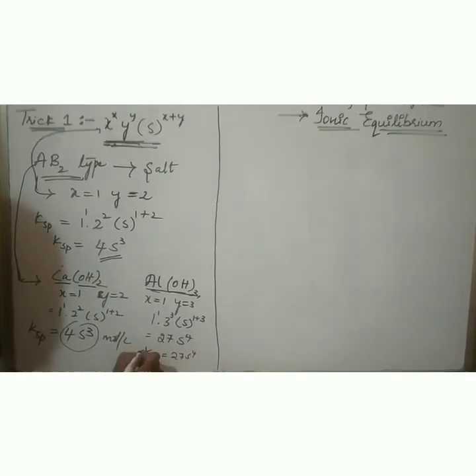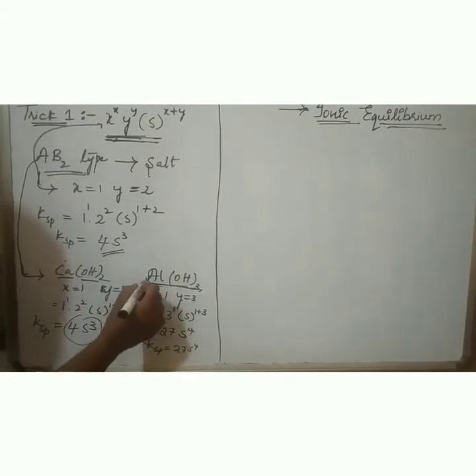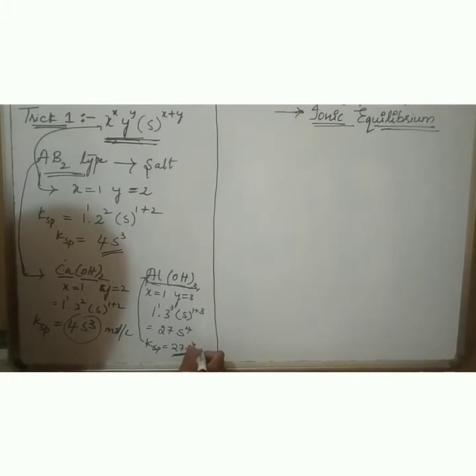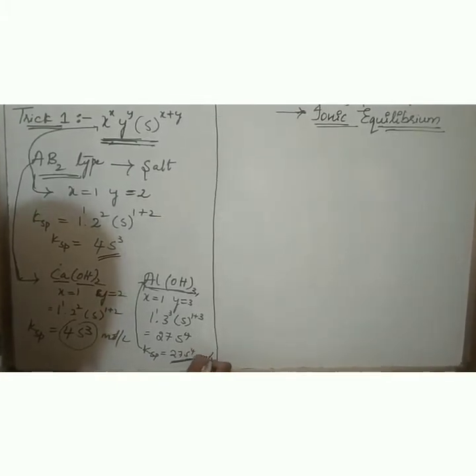The solubility product of Al(OH)3 is 27 s4 moles per liter.